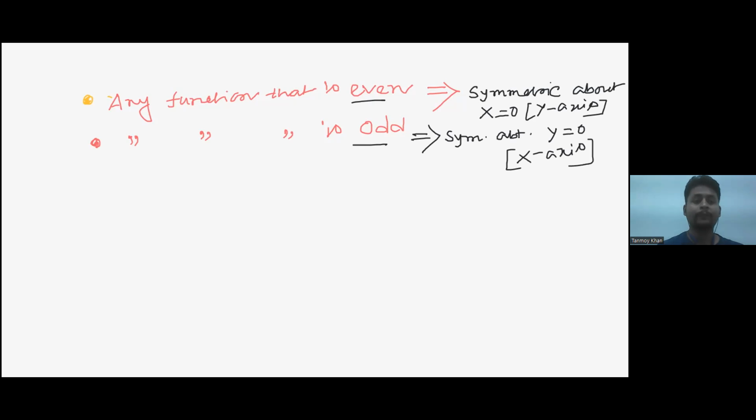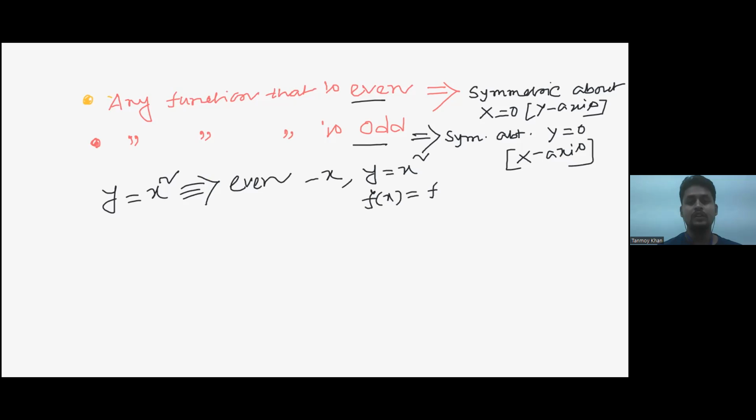If it is even, so now we know y is equal to x square. What function is this? This is an even function, because for any value of minus x, we get y equal to x square. We get f(x) equal to f of minus x. So this is an even function, so it will eventually be symmetric about this axis.